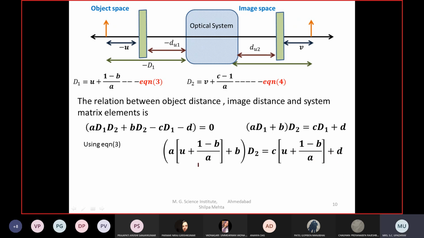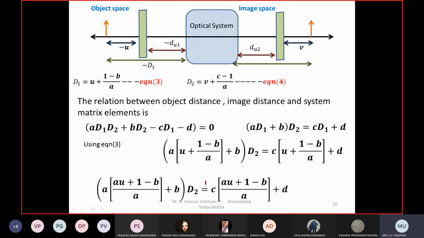Simplifying the bracket, u is multiplied by a and divided by a, so we have a into (au plus 1 minus b) divided by a, plus b, d2 is equal to c into (au plus 1 minus b) upon a, and then plus d.